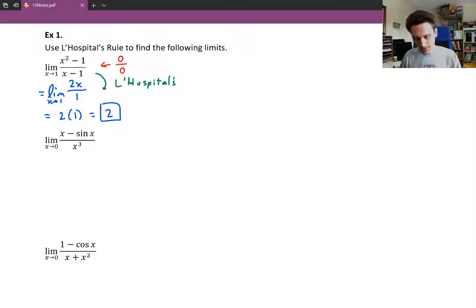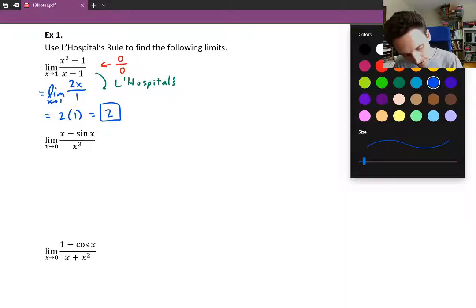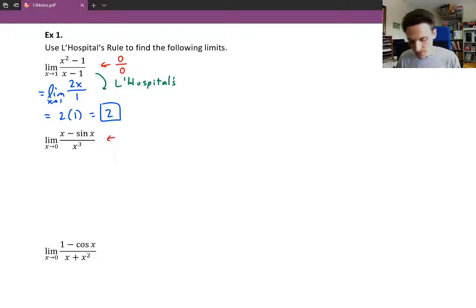Let's do a couple more of these. If we notice with this limit, if you plug in x equals 0 in the top, you get 0 minus sine 0, which is 0. And in the bottom, you get 0 cubed, which is 0. So we can use L'Hopital's rule.